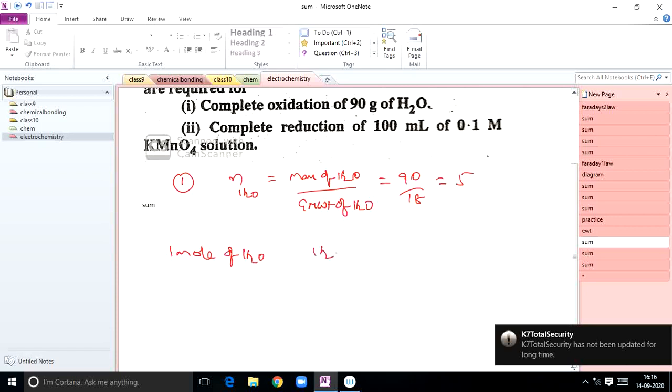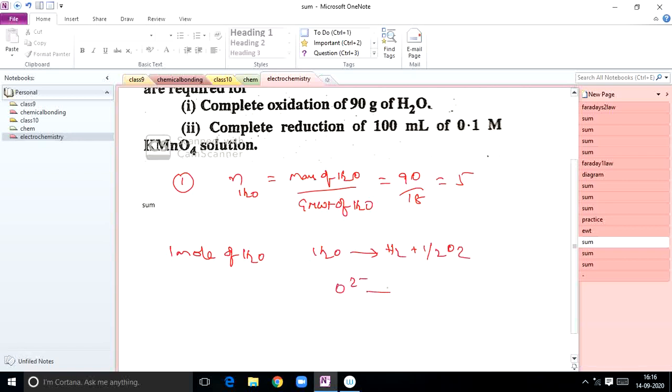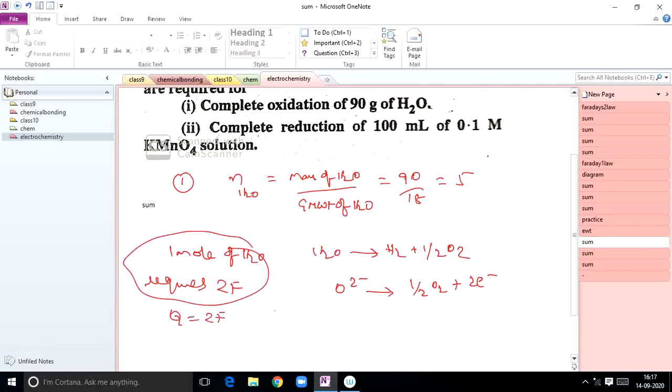If you want, you can write like this, H2 plus half O2, and in that, if you take O2 minus ion from water, it gives rise to half O2 plus 2 electrons. So from this, 1 mole of water requires 2 Faraday. Q is equal to 2 Faraday.